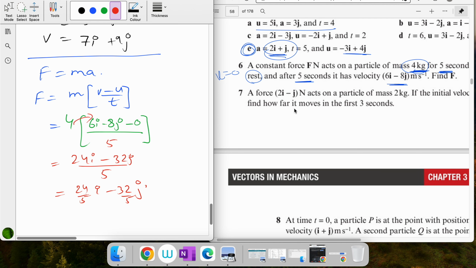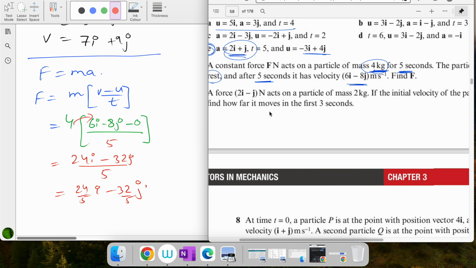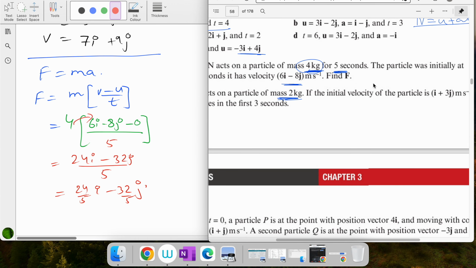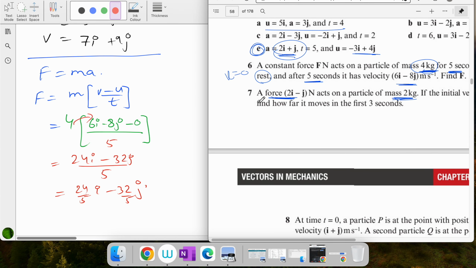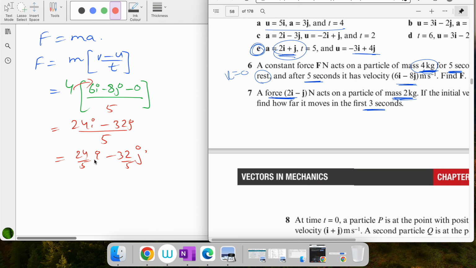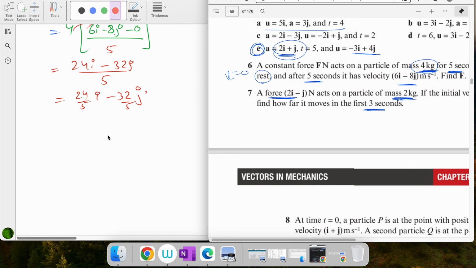Question number 7. A force acts on a particle of mass 2 kg. So force is given, mass is given, the initial velocity of the particle is given, and how far it moves in 3 seconds. So we have initial velocity, time, force, and mass.